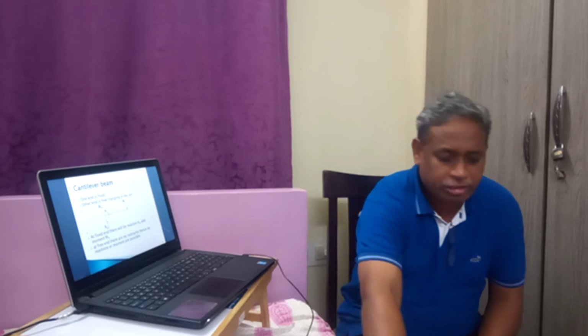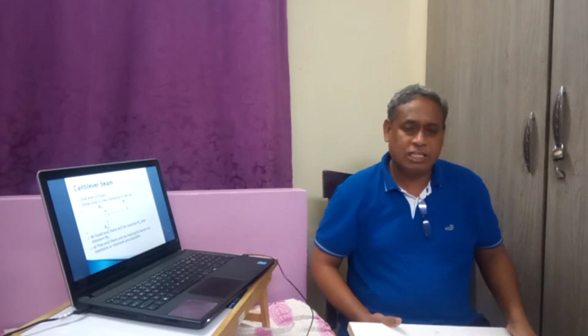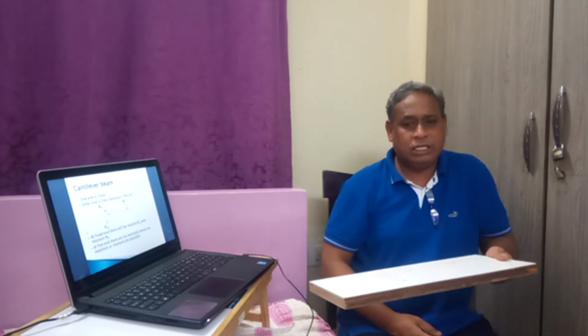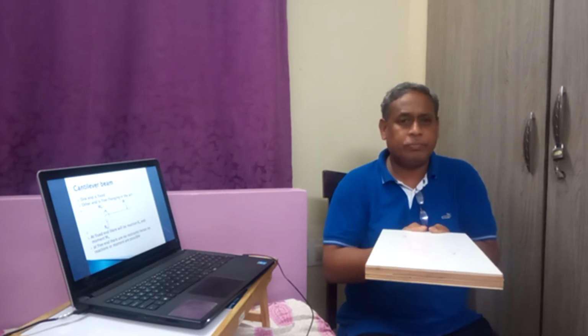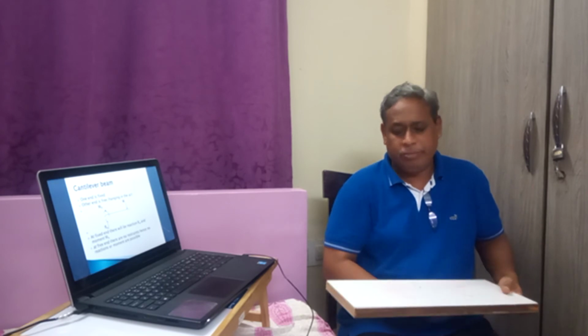That is, when I hold this beam, let us say if we treat this plank as a beam, if I hold it with my hand on one side and it is free on the other side, this type of beam we call a cantilever. When I placed it like this, it became a simply supported beam. Similarly, when I hold it like this and my hands are offering the fixity, then the beam is called a cantilever beam.